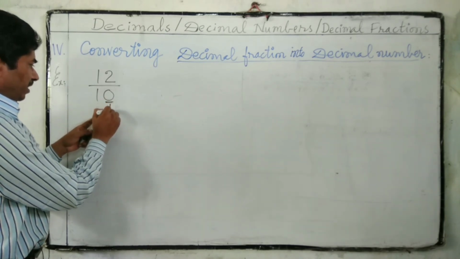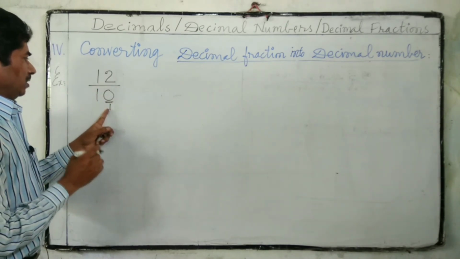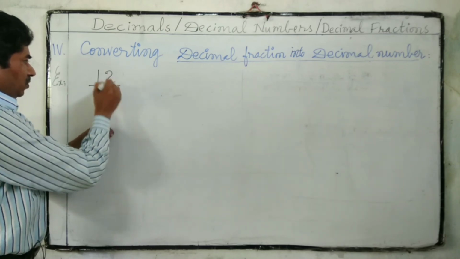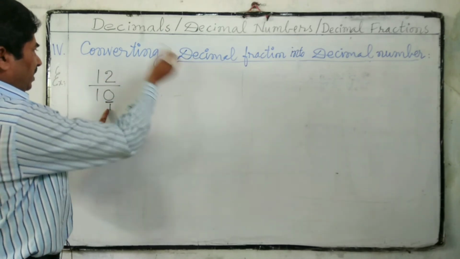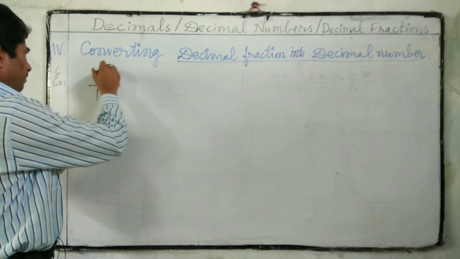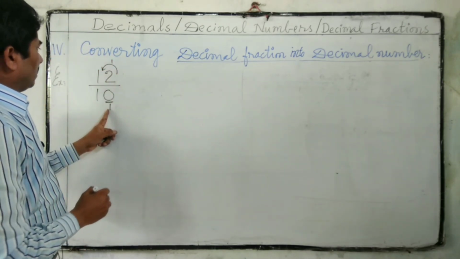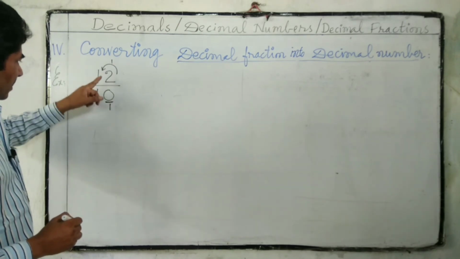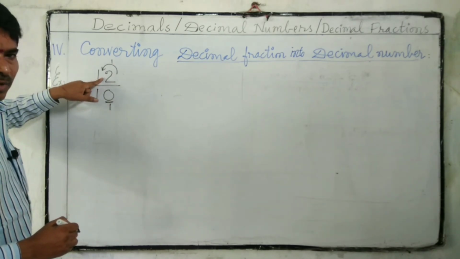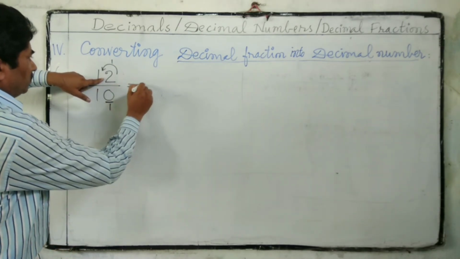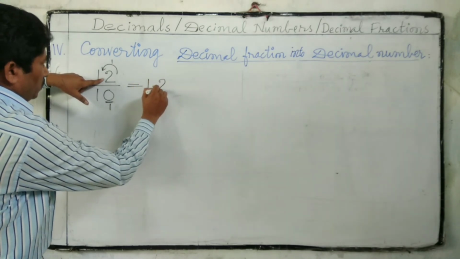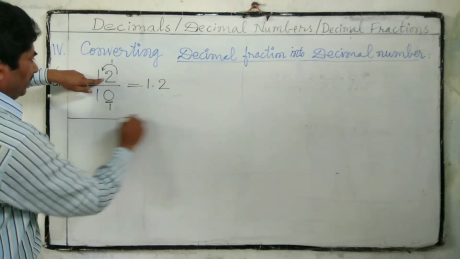Here we have 1 zero. We have to count from right to left in numerator 1 place. Here the decimal point will come. 1.2. This is the answer.